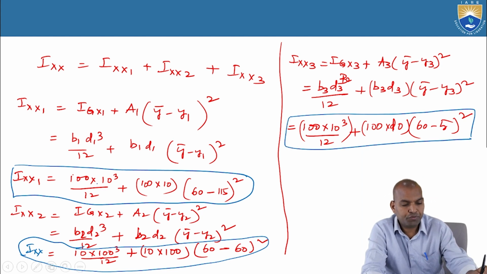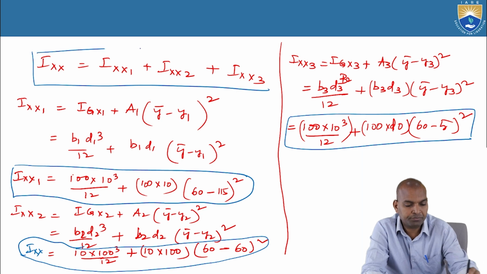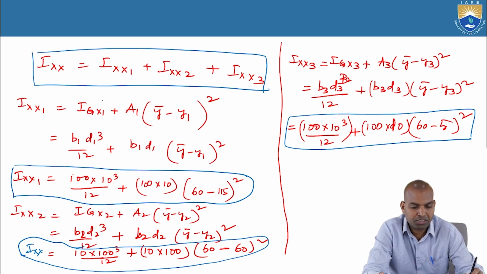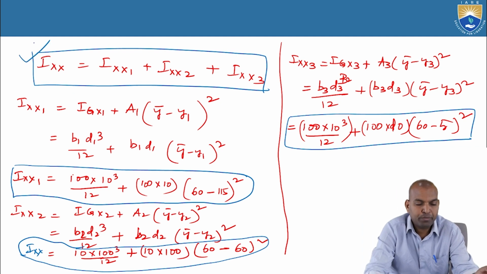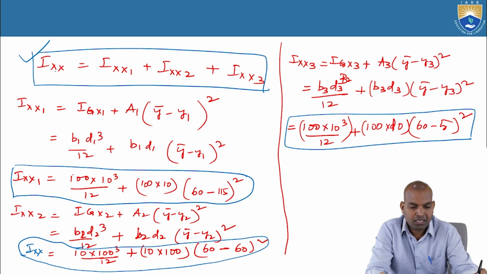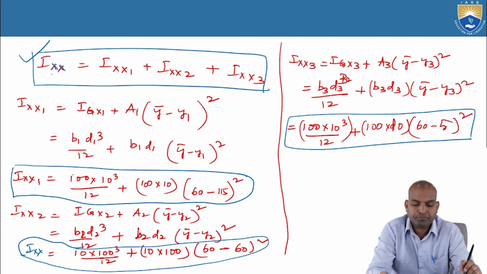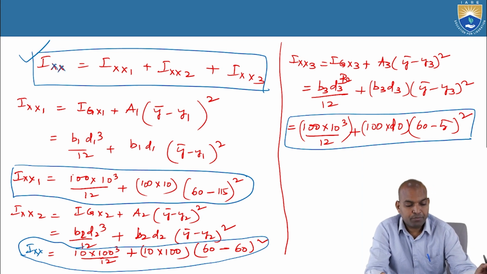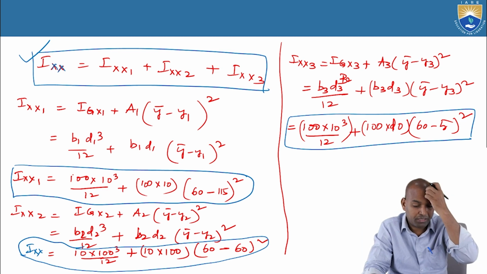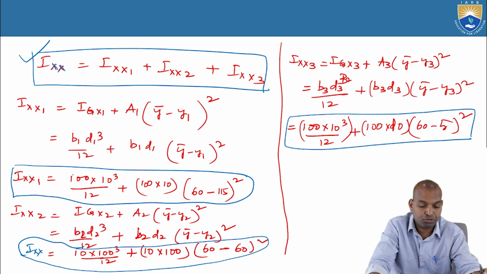These values, if you substitute in this equation, Ixx1, Ixx2 and Ixx3, will give the moment of inertia about axis x, Ixx, the reference axis. Here, very important terms we are going to interpret now.